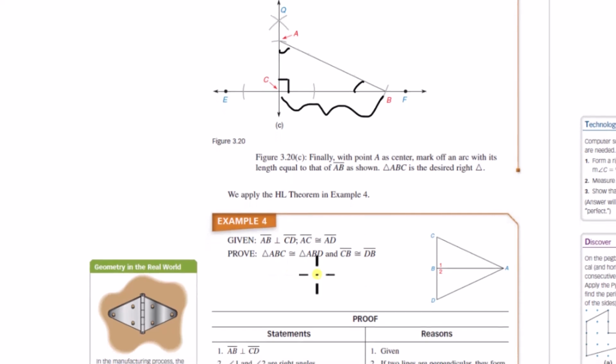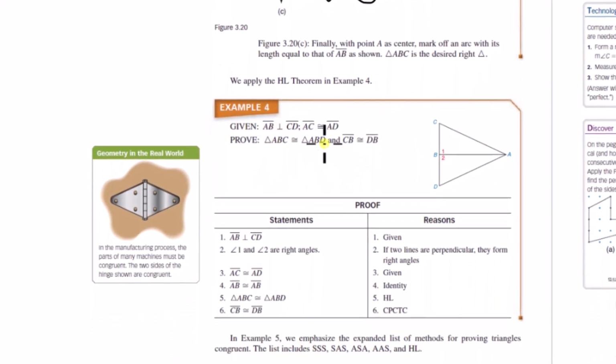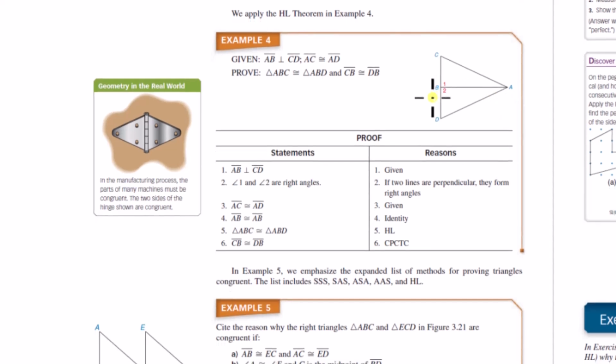So if we look at this example here, it says, given that AB is perpendicular to CD, that means these two are perpendicular, so it's a straight angle here and both sides are going to be 90 degrees. Also given that AC is congruent to AD, prove that triangle ABC is congruent to triangle ABD, and also that segment CB is congruent to segment DB.